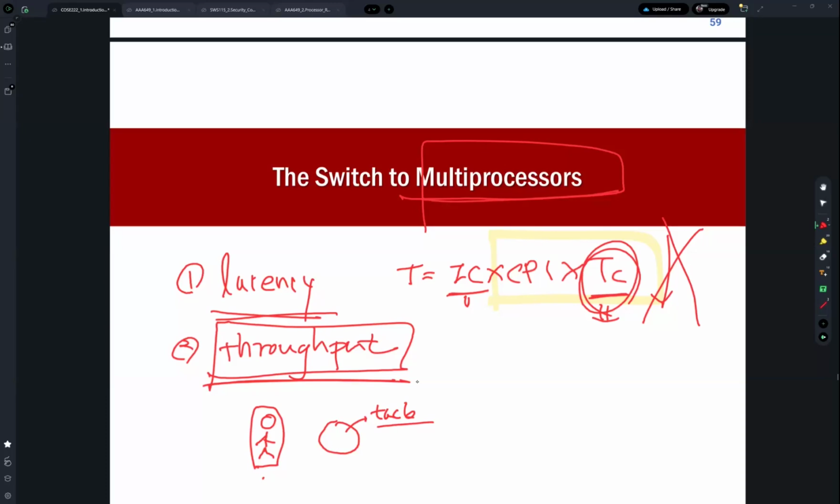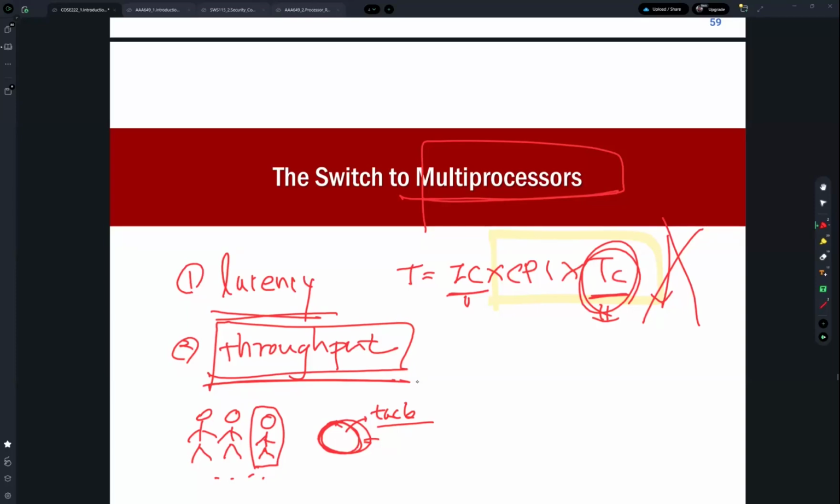But to process the same task in a shorter time, another way is to increase the number of workers, right? So we can increase the throughput.